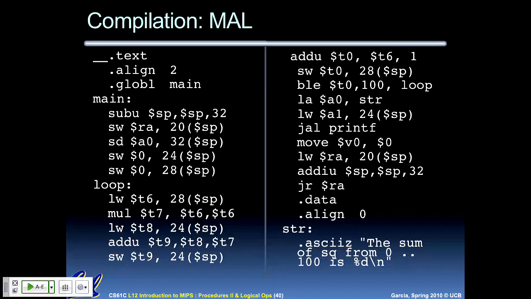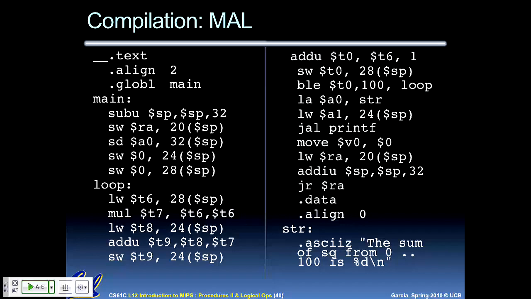Then here's a loop. So the loop starts here with this loop label, and the loop ends here with a branch back at the end of the loop. So it loads this variable from the stack, right? Does the multiply, squares it, and notice this is the pseudo instruction, right? Loads the other variable, adds the multiply result to the sum, and stores it back to the stack, right?